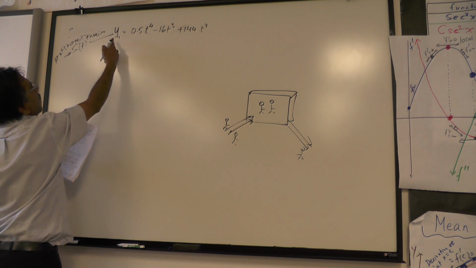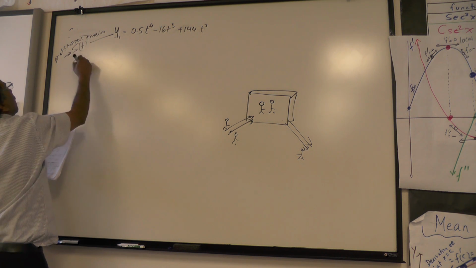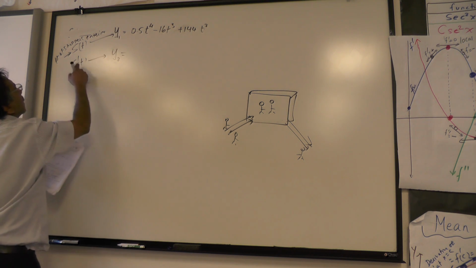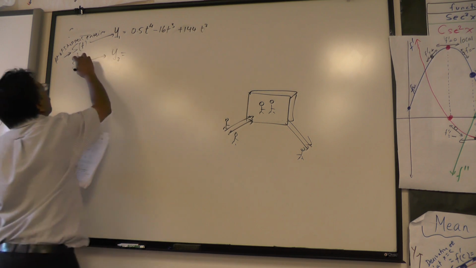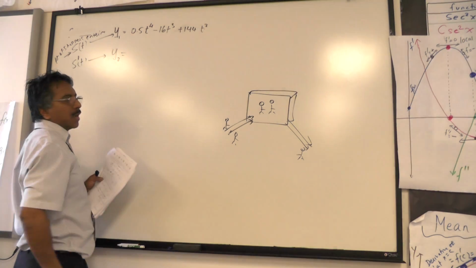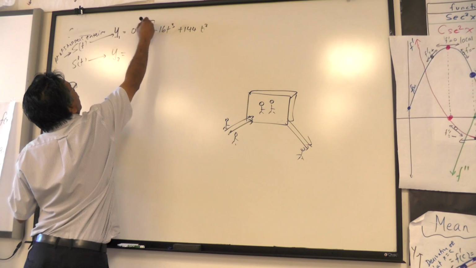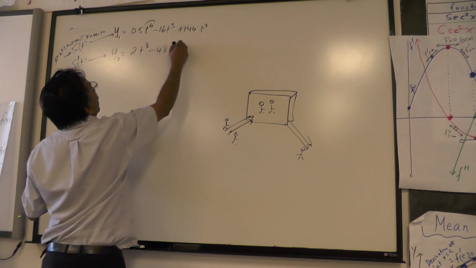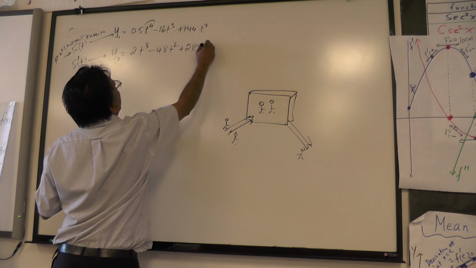If I take the derivative of this, call it y2, at what rate are they entering every hour? So it is 2t cube minus 48t square plus 288t.